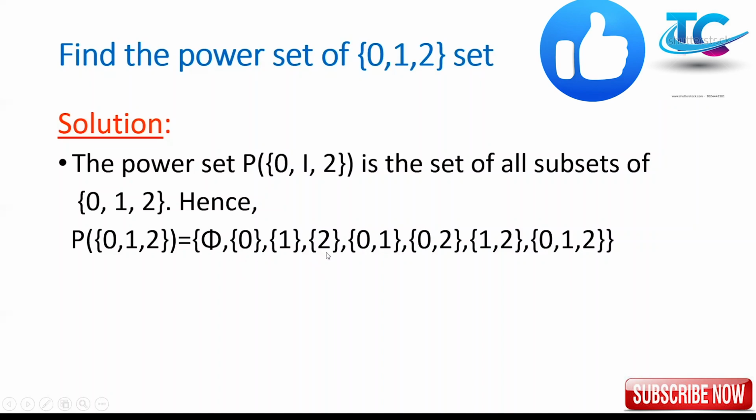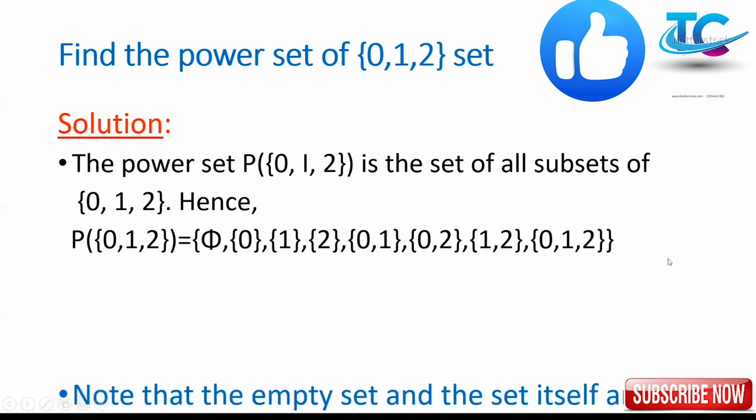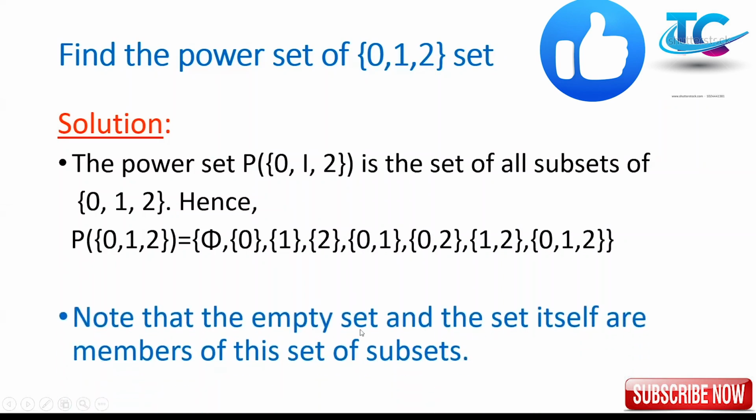Like all the possible combinations of the elements, including phi. These are all subsets, and the collection of all these subsets is the power set. So this will be the answer. Here we have to remember this point: the empty set and the set itself are members of the power set.